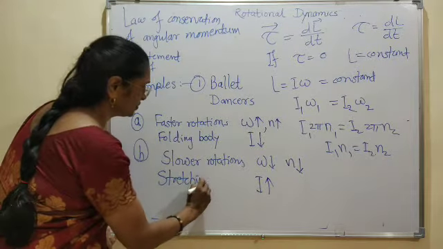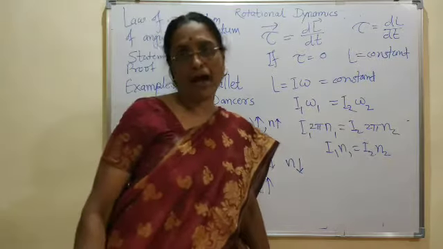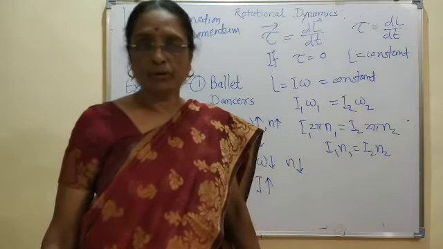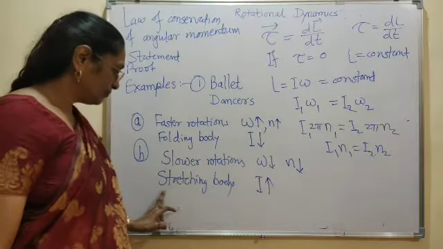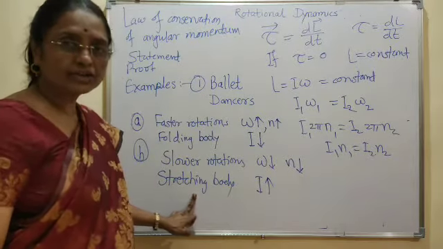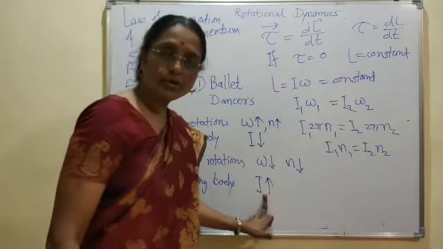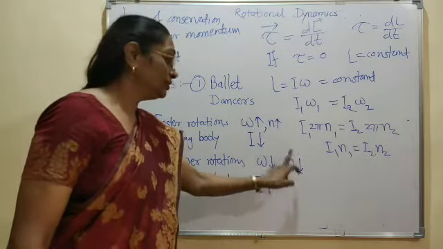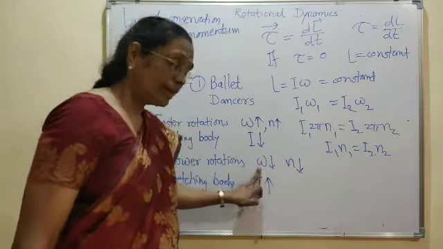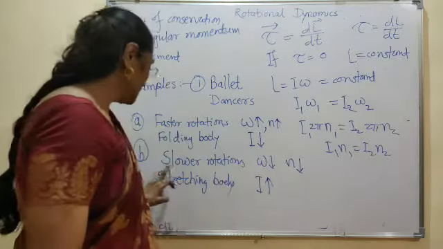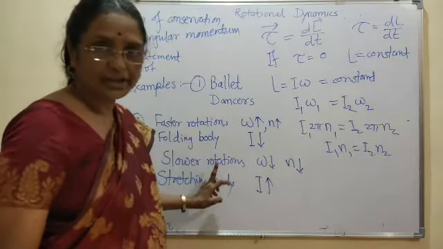Stretching the body means they have to take their arms and legs away from the body. So while dancing, when they stretch the body, they increase the moment of inertia so that their frequency decreases, their angular velocity decreases, and the rotations are slower in that case.